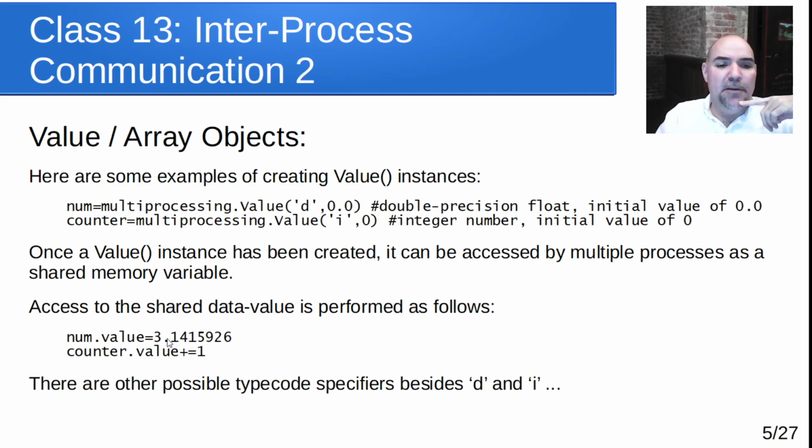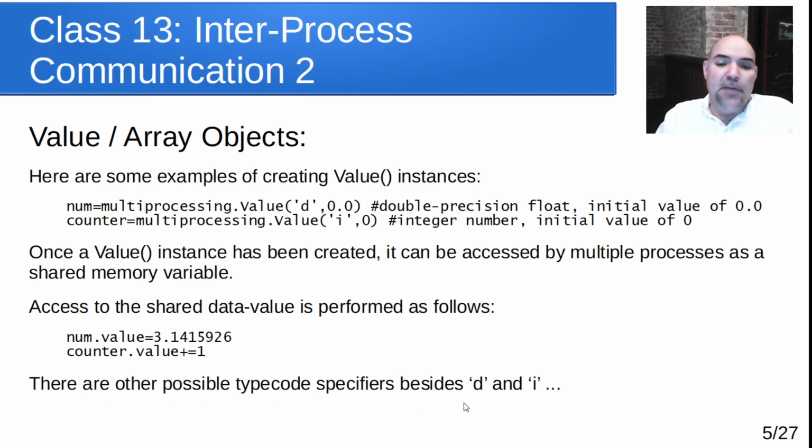So num.value equals pi would set that double precision float to 3.1415926, and counter.value plus equals 1 works as well. Multiple processes can access that, and it will handle the mutual exclusion for writing or reading those values as they're modified or read or rewritten.